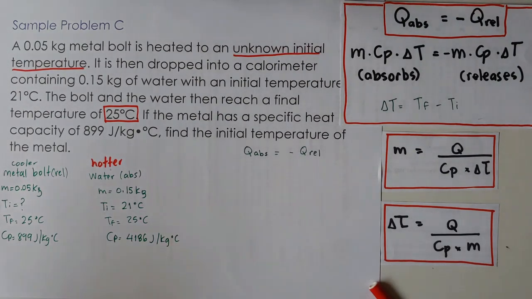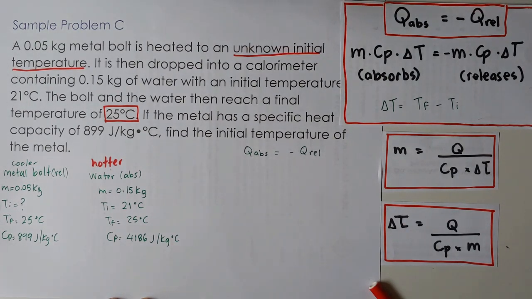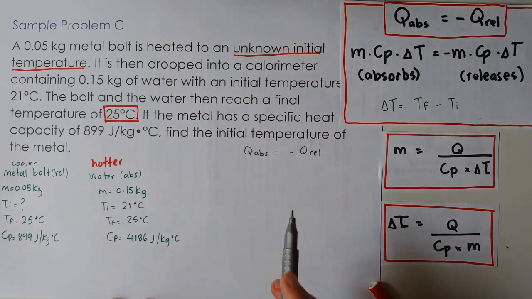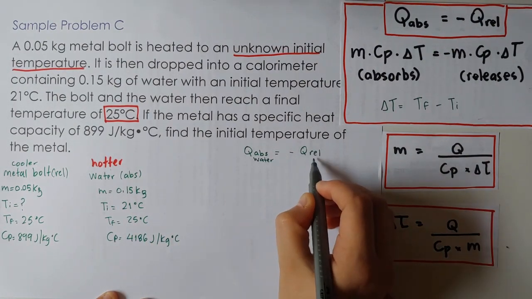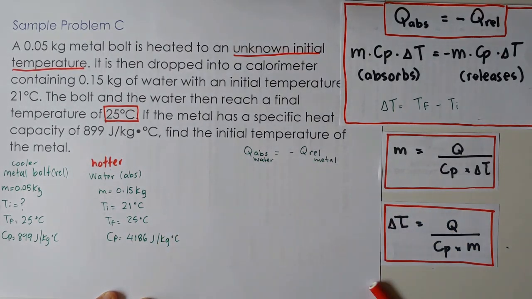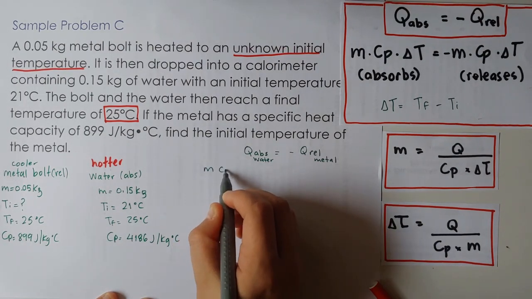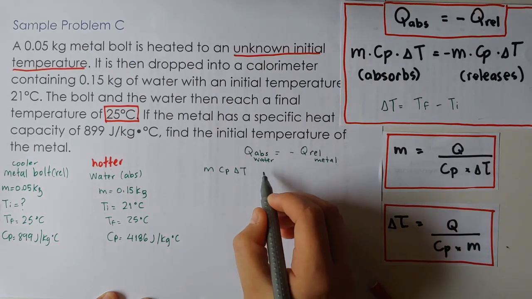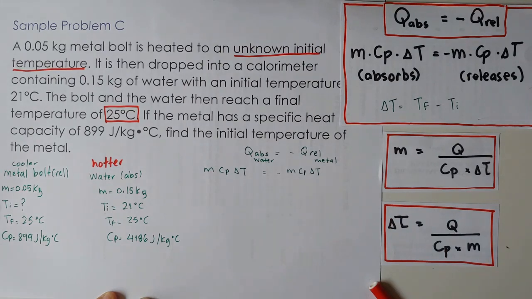Now I suggest to work with the heat equation first and then isolate for the unknown. In this case, the one that absorbs is water, and the one that releases is the metal bolt. So place the givens, perform calculations, and then isolate. This is what we're gonna do. So we have mCp delta T of water equals negative mCp delta T of the metal.